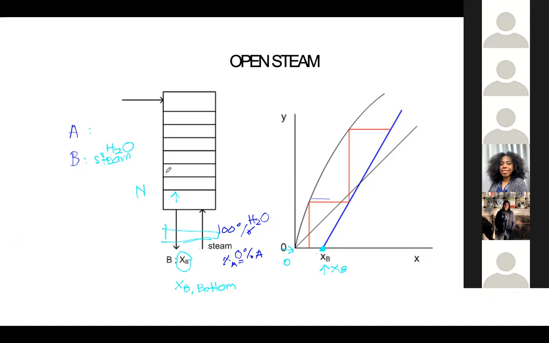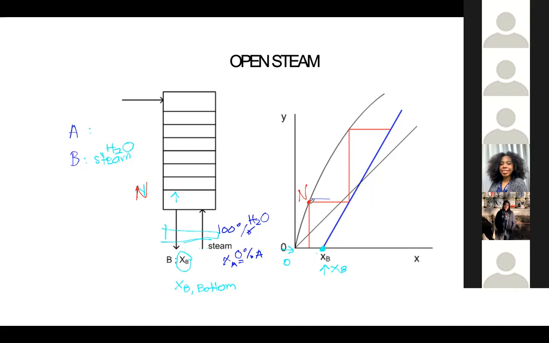If this is tray N, then this is the composition leaving tray N. Maybe you want to construct from the top, and then your line goes that way. So this is your XB.